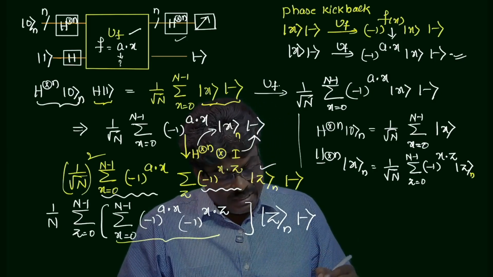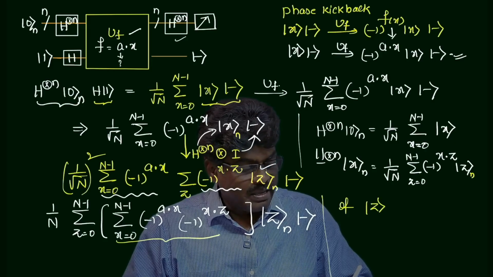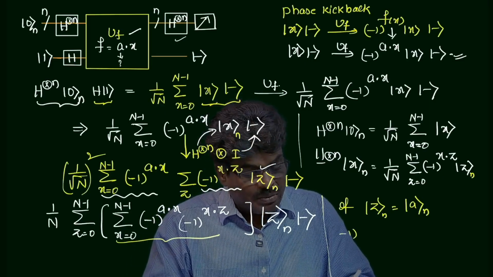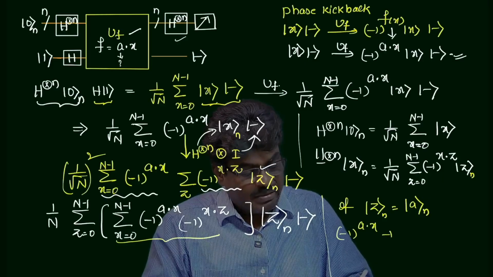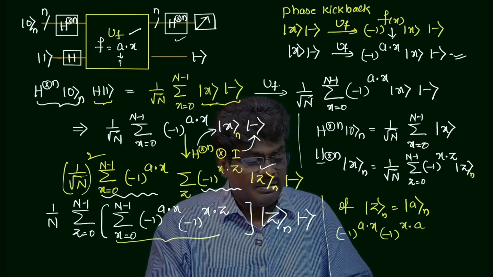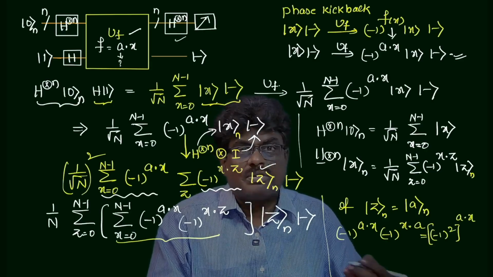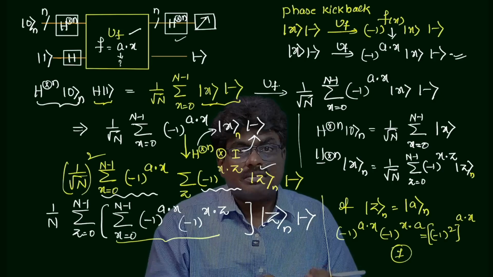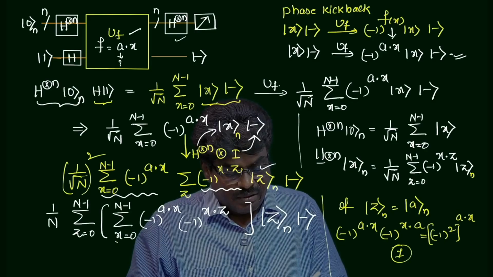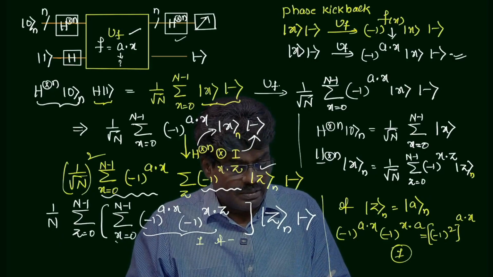So let us check. For example, if z equal to a, then carefully observe this (-1) to the power a dot x and (-1) to the power x dot, in this case z is equal to a. So this is nothing but (-1) squared to the power a dot x or x dot a, which is nothing but 1. So this term is nothing but 1 if z is equal to a.